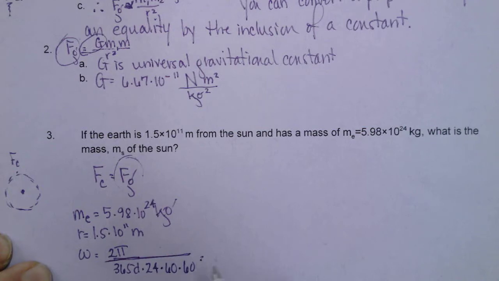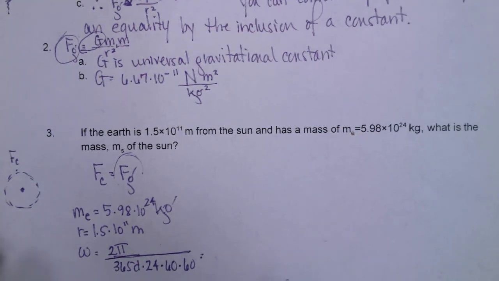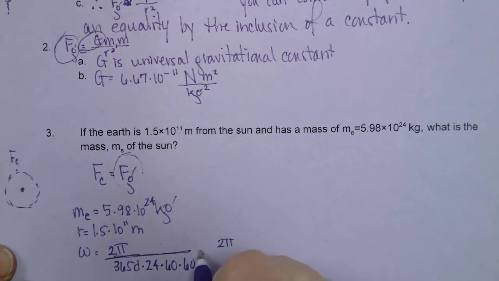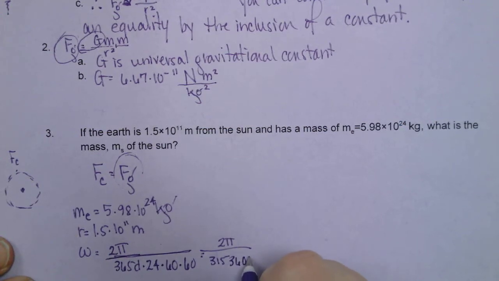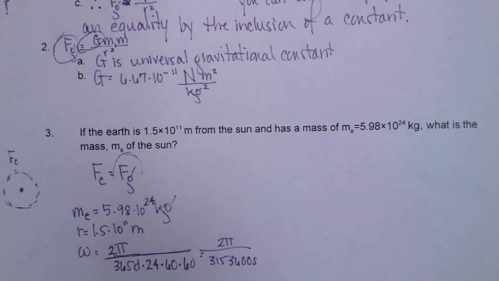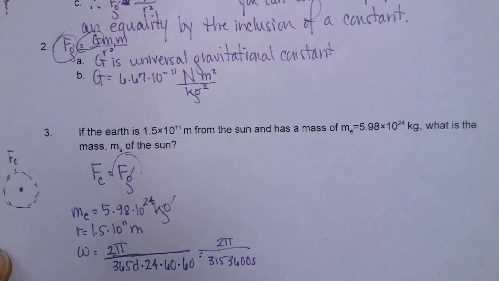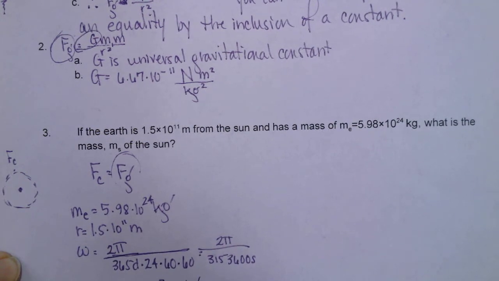And when I do all of that math, I end up with 2 pi over 31,536,000 seconds. And that turns out to be 1.99 times 10 to the negative 7 radians per second.